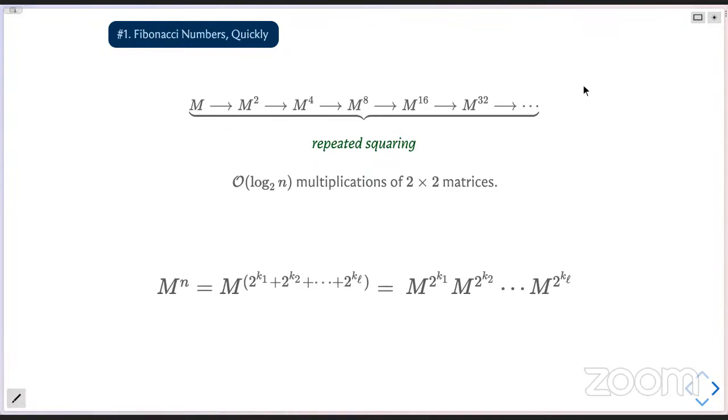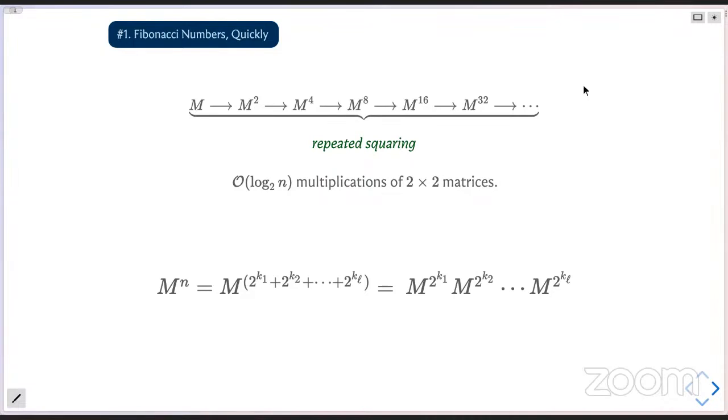So if you have a general number n, which is not necessarily a power of 2 by itself, then you can always write it as a sum of powers of 2. And in fact, there's a unique representation of this form, which just comes from writing it out in binary. So you pull out the indices, so to speak, that are 1 and raise them to the corresponding power of 2.